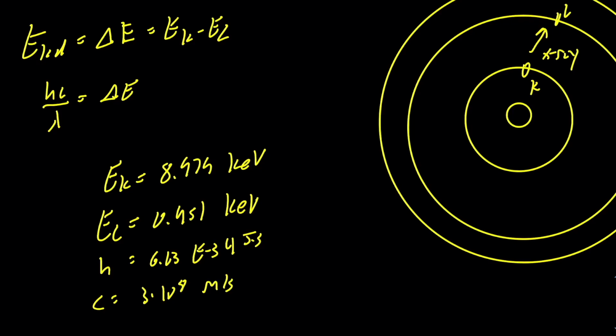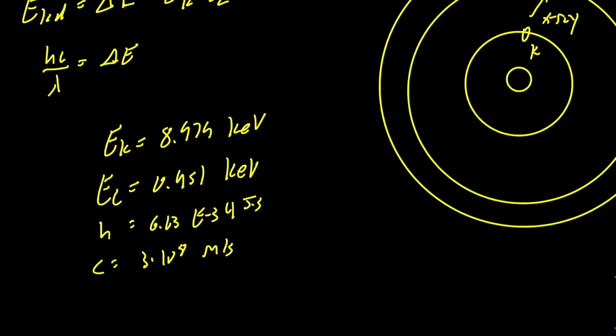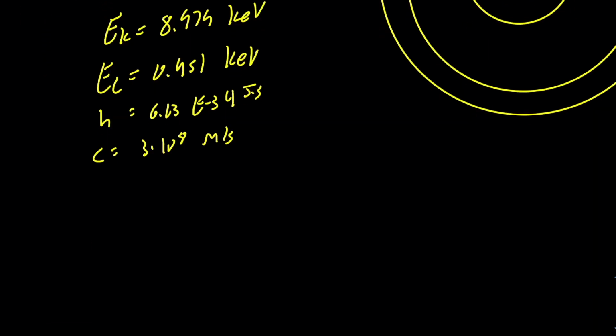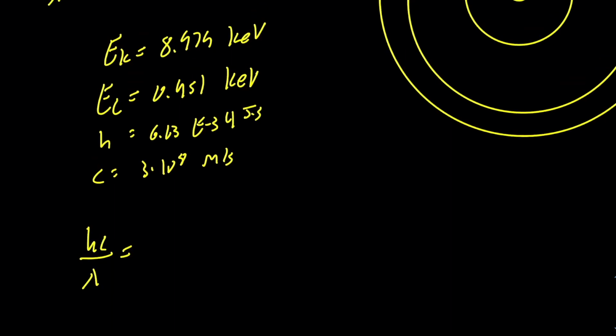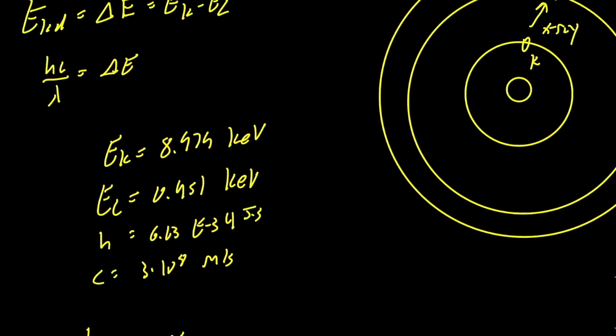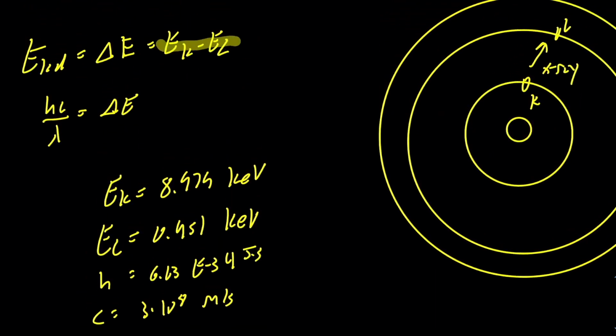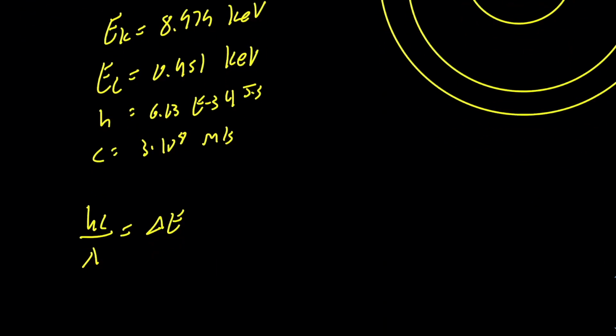Now, with what's given to us, let's see if we can use these values to find some answers. So hc over lambda is equal to delta E, which is E of K minus E of L. And if you do the math, that is approximately 8.028 keV.